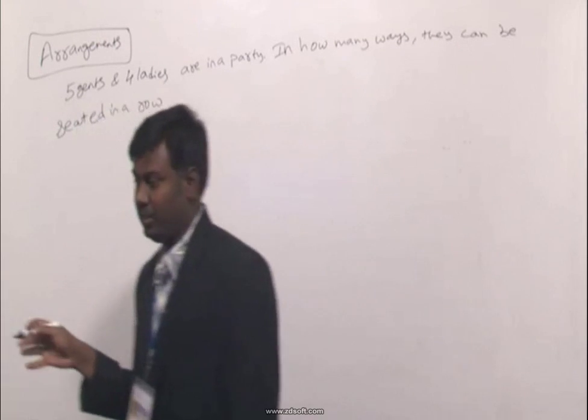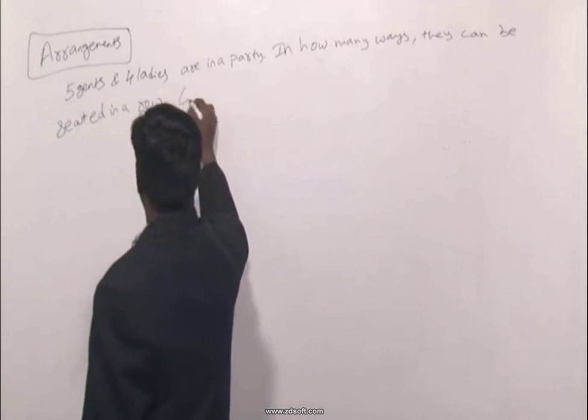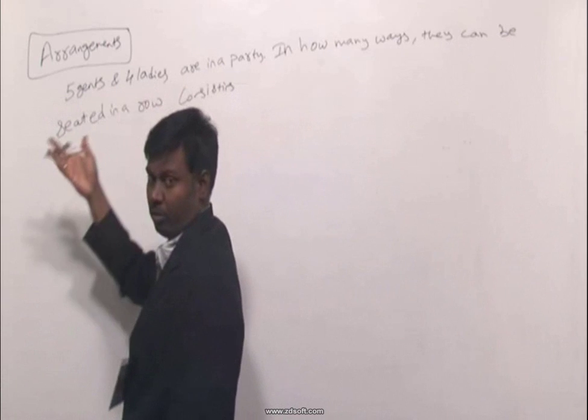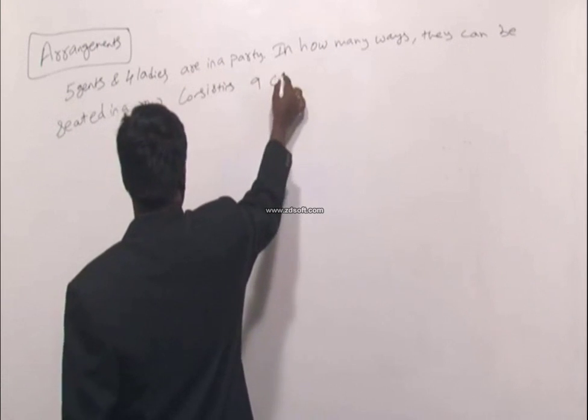If nothing is mentioned, you assume that there are 5 plus 4, that is ample number of chairs.